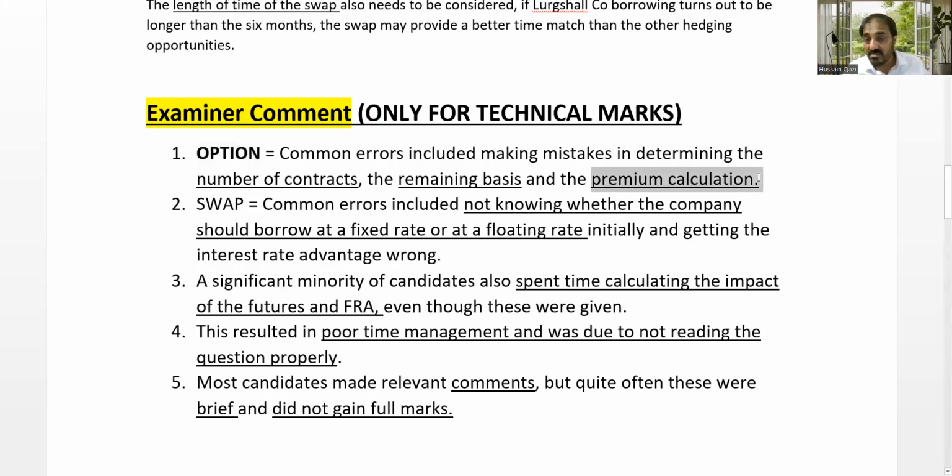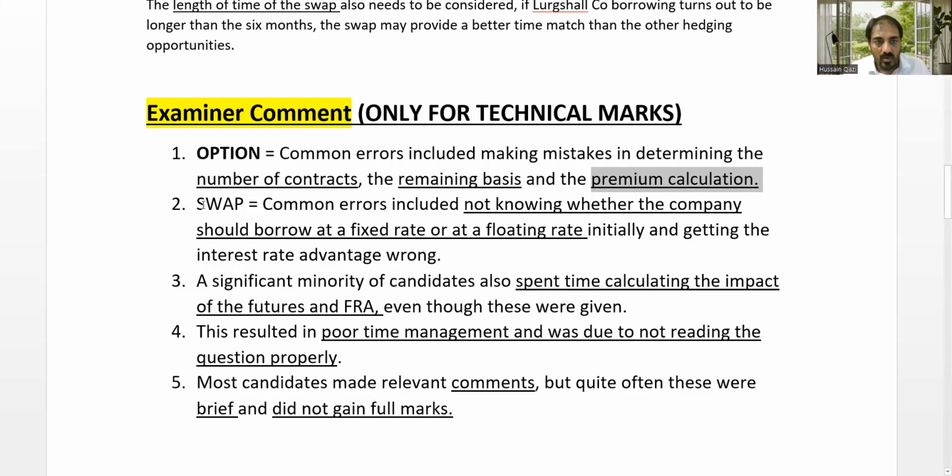Premium calculation is simple: take the percentage of the premium, be conscious whether it is put or call, here put. Multiply by the percentage, apply the contract size, multiply by the number of contracts, multiply by the contract size, multiply by the time period, 3/12.